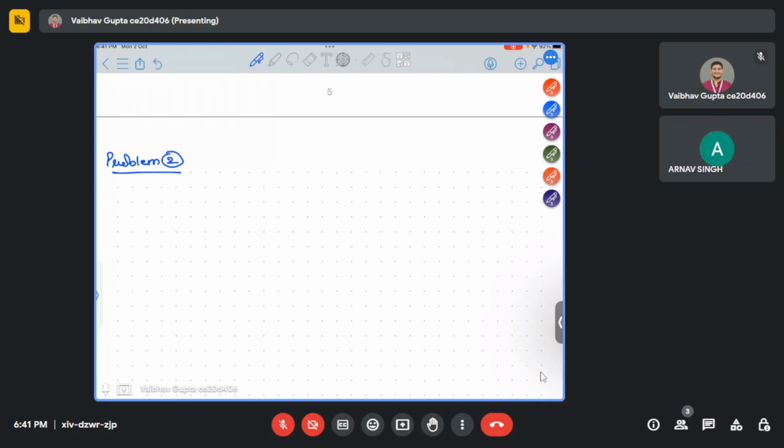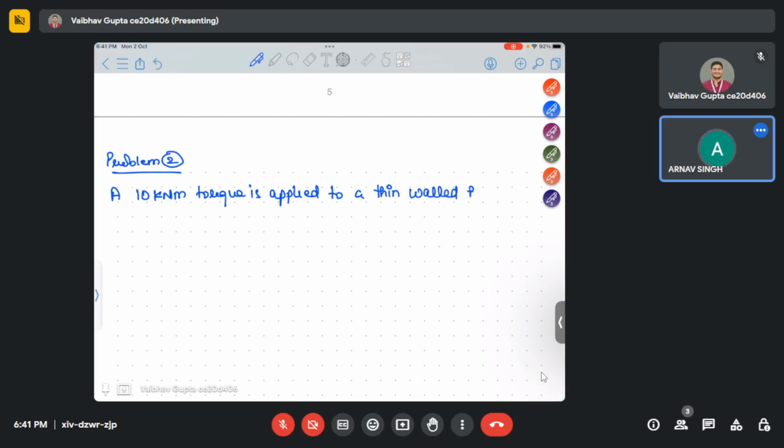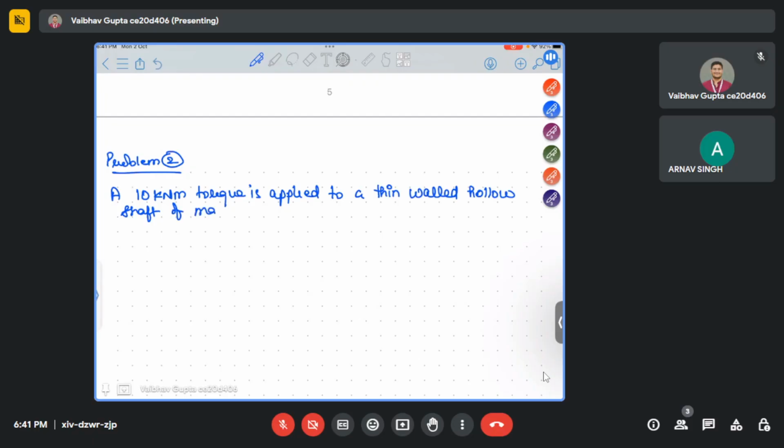The statement is: a 10 kilonewton meter torque is applied to a thin walled hollow shaft of material with shear modulus.